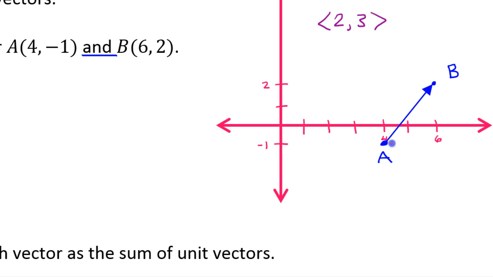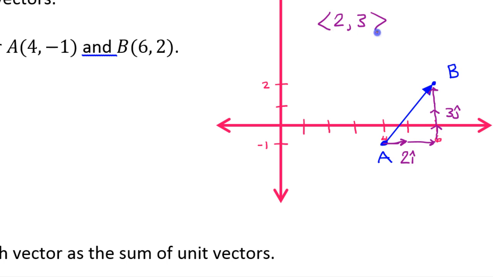But instead, we could use unit vectors. We could say that we have 2 horizontal unit vectors and 3 vertical unit vectors. So this would be 2I, where I is the horizontal unit vector, and this would be 3J.